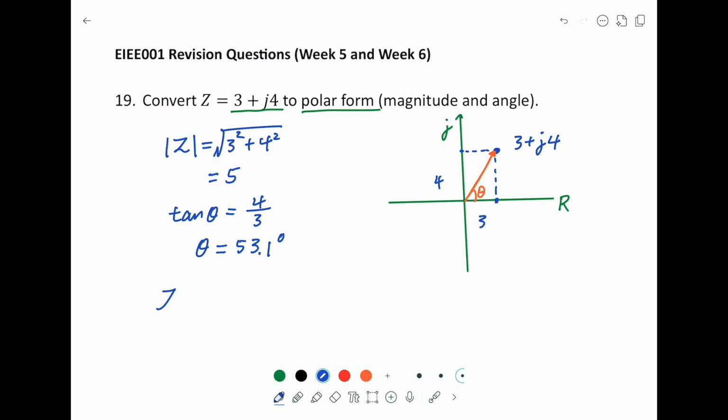So this complex number can be expressed as 5 angle 53.1 degree. Like a polar form, it means focus on the magnitude and the angle. Another way to write this one is to write it as 5 exponential j, and this angle is 53.1 degree.